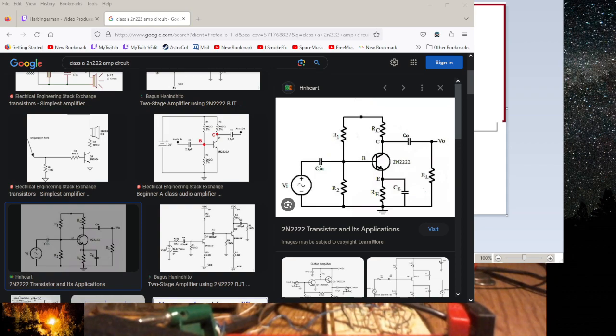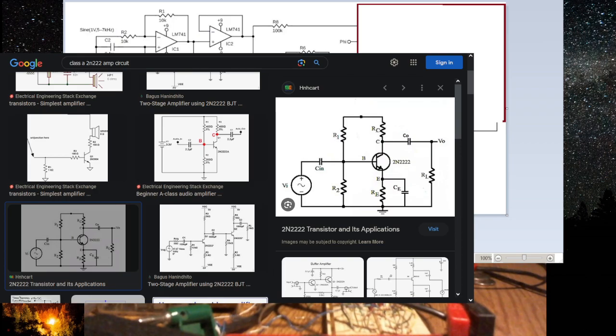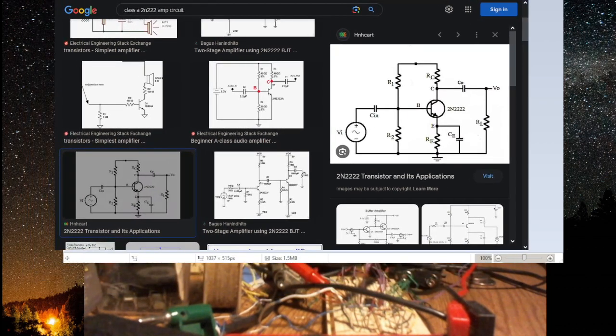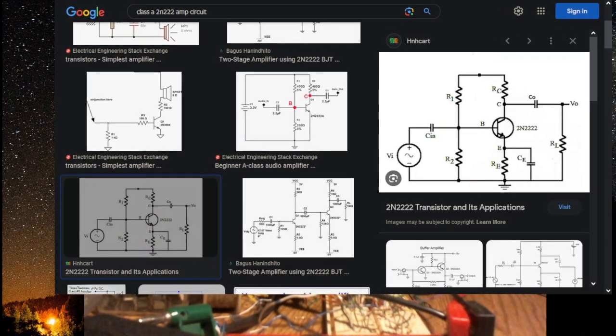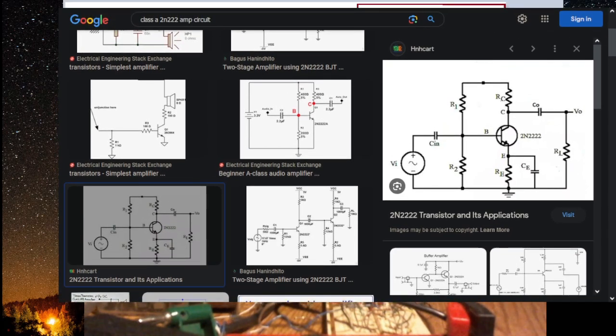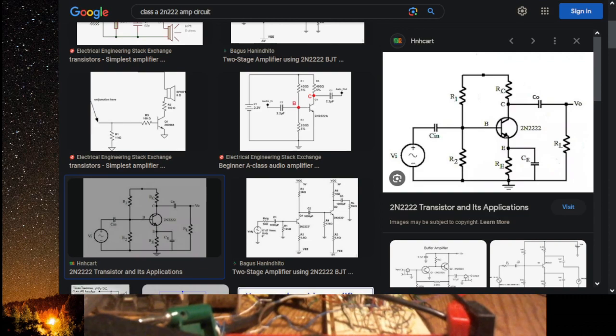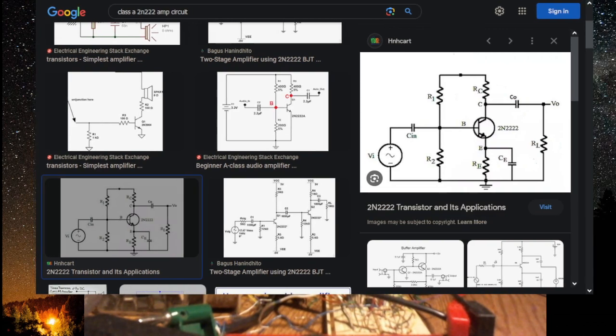And this one here, we'll just go ahead and drop this down to maximize the size of the picture. Put this back down here.